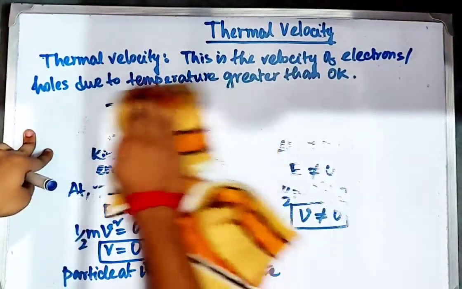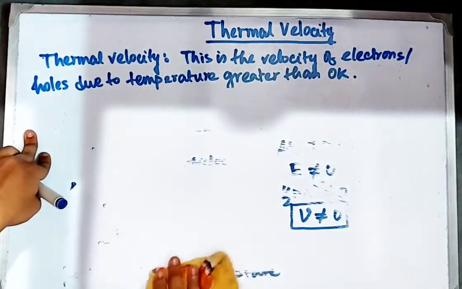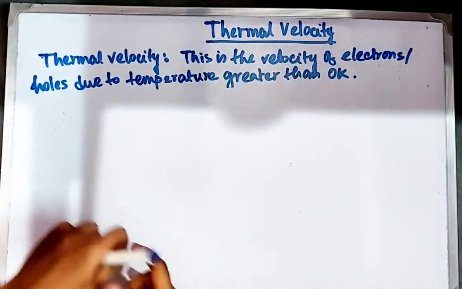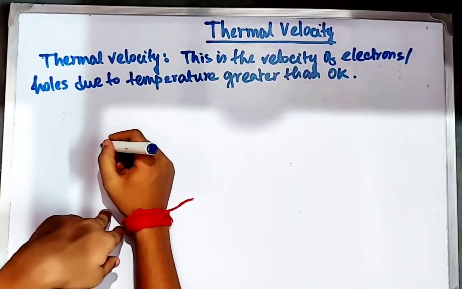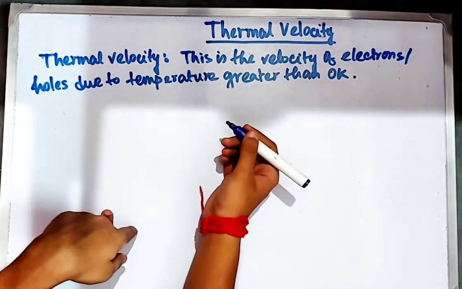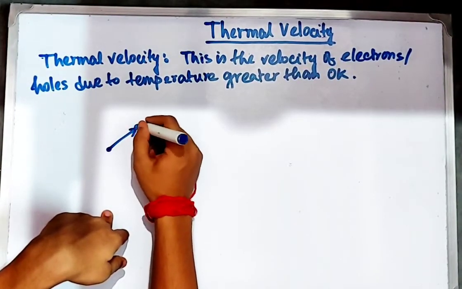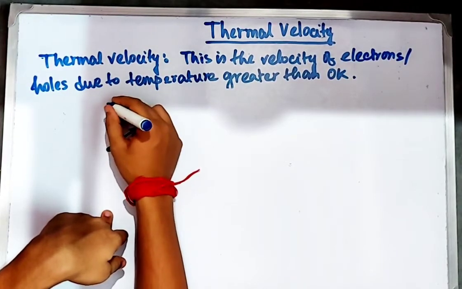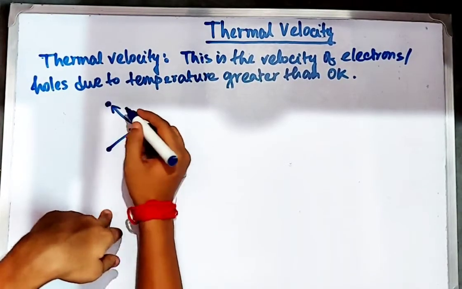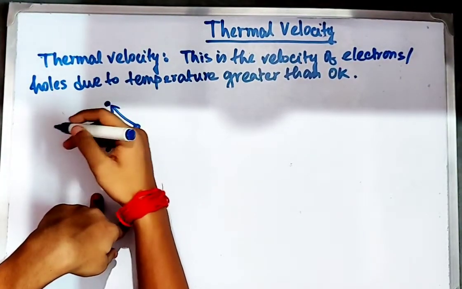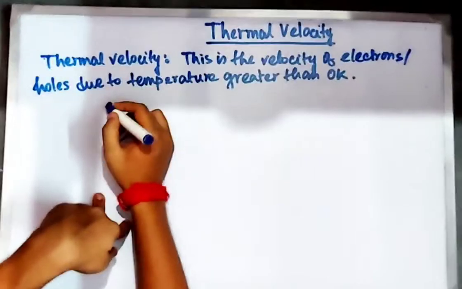So I will do some mathematics right now. At any temperature which is greater than 0 Kelvin, the motion of electron is random, because at any particular point of time the electron has equal probability of moving in any direction.